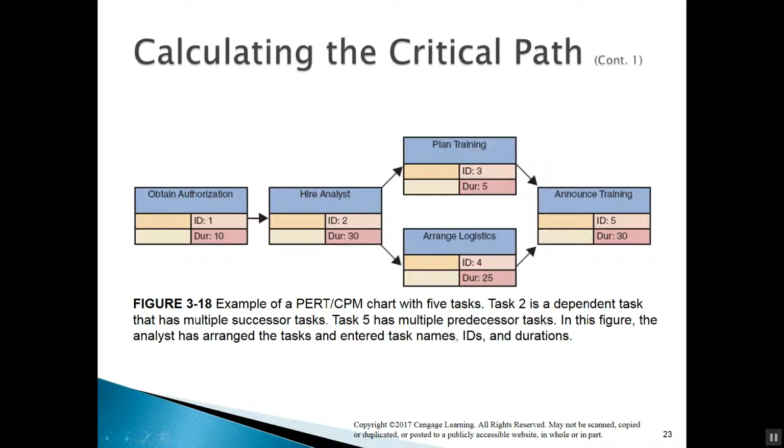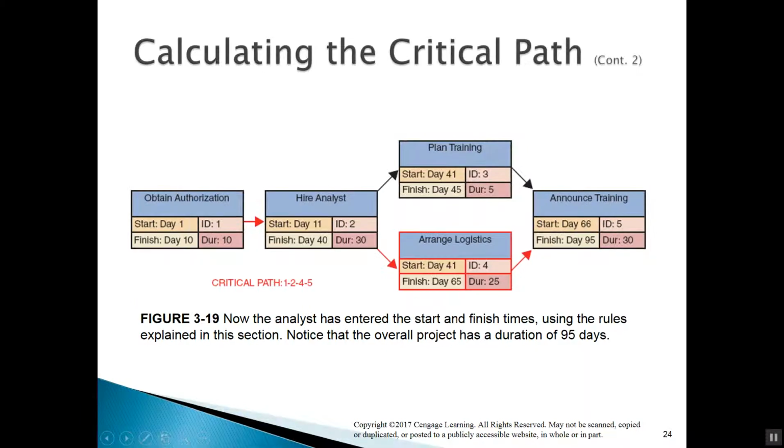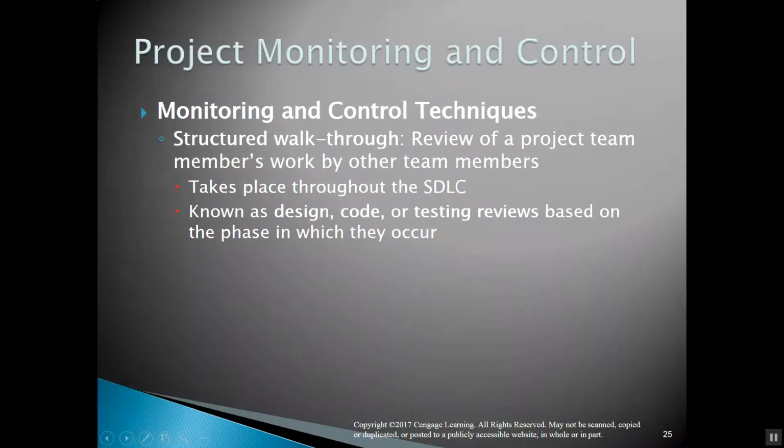So arrange logistics has to happen before announce training. So we can see that the critical path is 40, 65, 75, 85, 95 days long. Here we are. And because this one was 25, that's what makes it 95 days long. Okay.